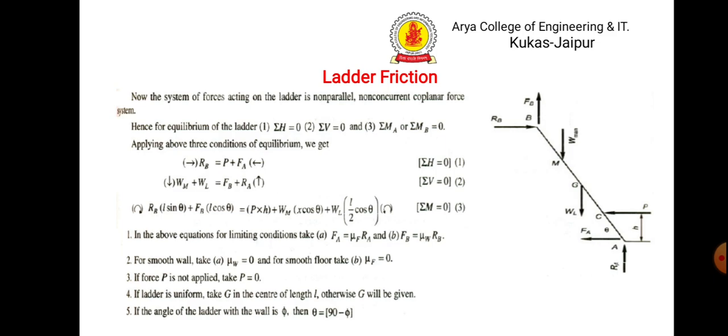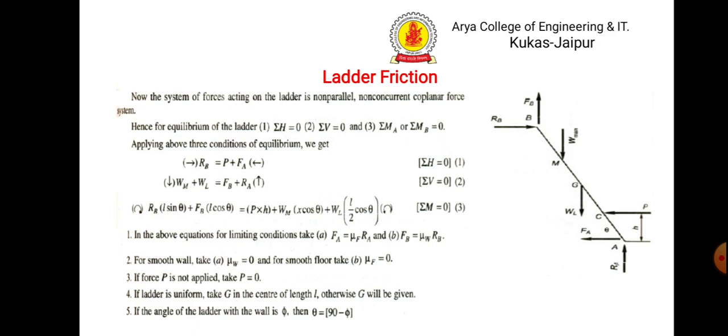As it is a non-parallel, non-concurrent coplanar system, we will apply the three conditions of equilibrium: summation of all horizontal forces equals 0, algebraic sum of all vertical forces equals 0, and the moment about any point, say A or B, equals 0. First, summation H equals 0.